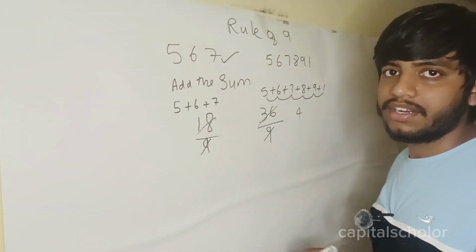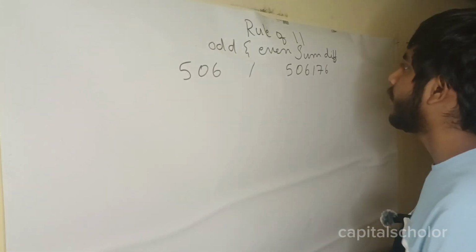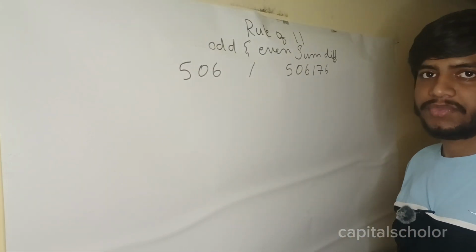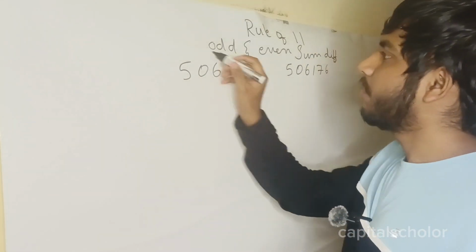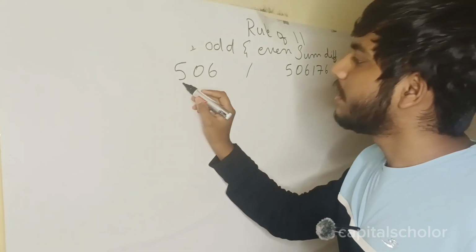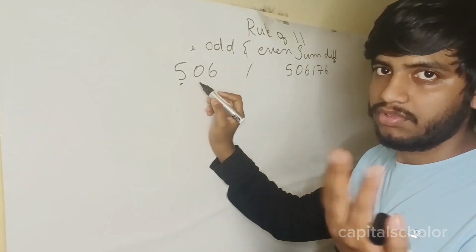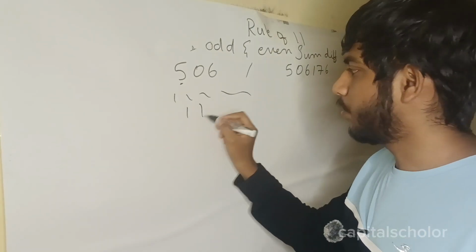Now let's move to the rule of 11. The rule of 11 is very complicated, so let us understand it with an example, and I will explain it in an easy way. Here we have the difference of the sum of odd and even positions. For example, take a four-digit number, 1 2 3 4.